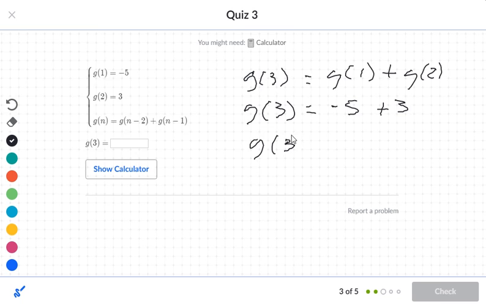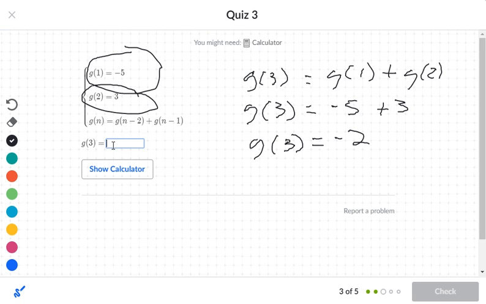So g of 3 is equal to -5 plus 3, which is -2. Again, we take the value of g of 1, which we have right here, and g of 2, which is right there. That's where we get the -5 and the 3. We add those together, and that gives me a -2.